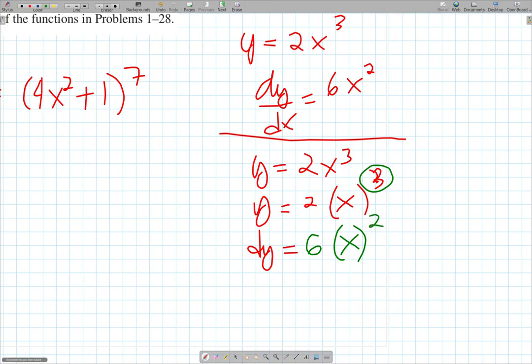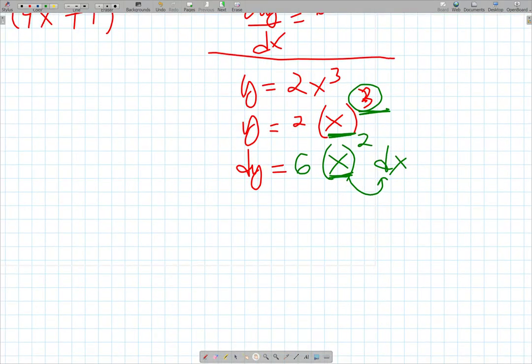So after deriving the exponent, next natin sa loob siya. The derivative of x is of course dx. So ayusin natin ang solution natin, dy is equals to 6x squared dx, right?